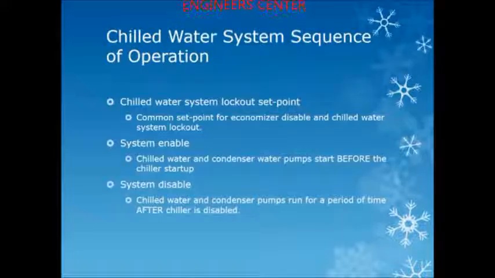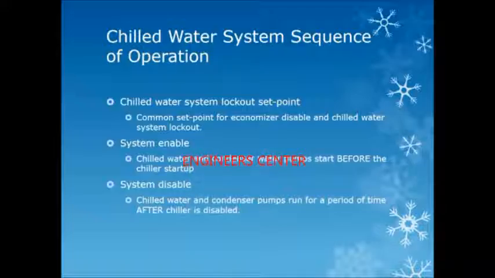Part of the chill water system sequence of operation is the chill water system lockout set point. That set point is a temperature value that is the point at which the chiller is either enabled or disabled. It is very helpful to set the chill water lockout to the same value as the economizer set point of your air handlers.